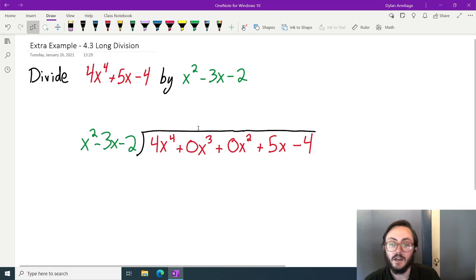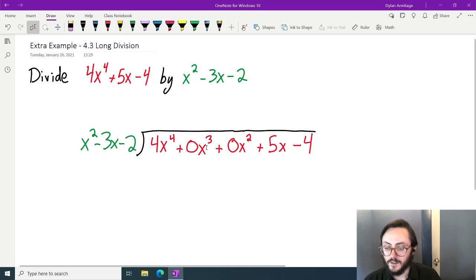No. Does it go into 4x to the fourth plus 0x cubed? No. But it does go into all that plus 0x squared, because this polynomial is a trinomial, 3 terms.